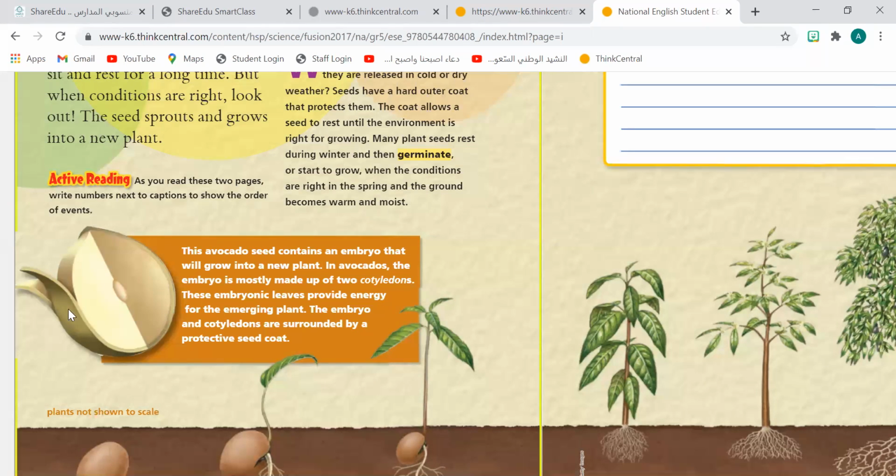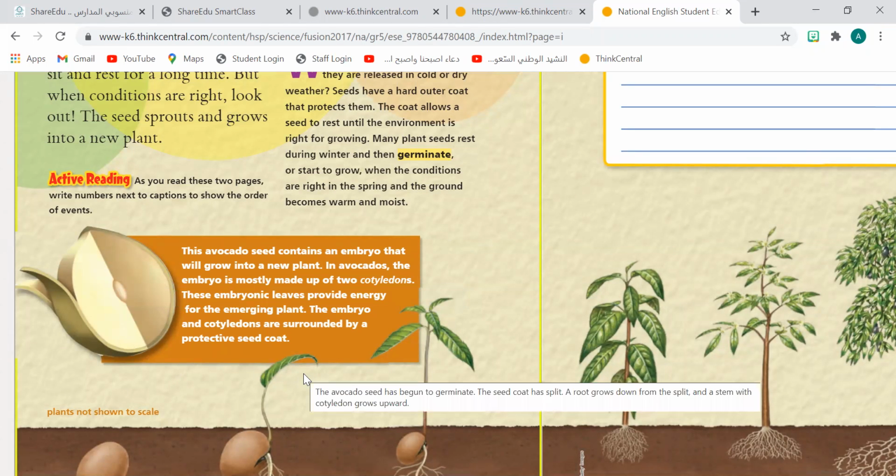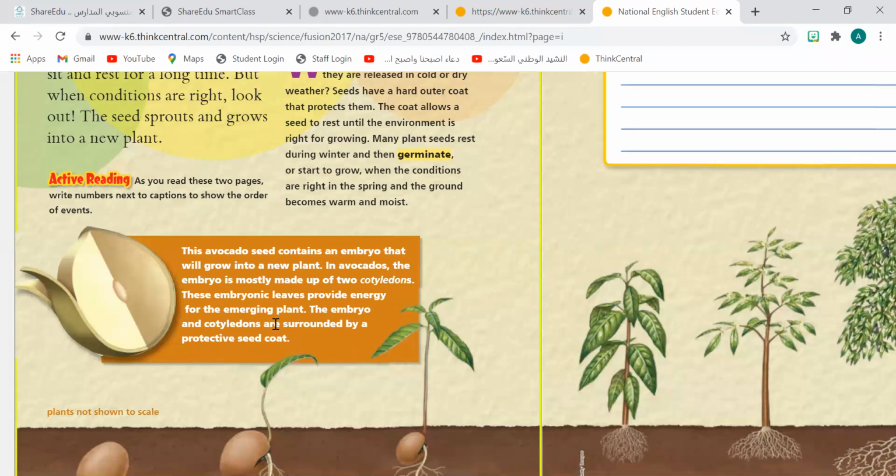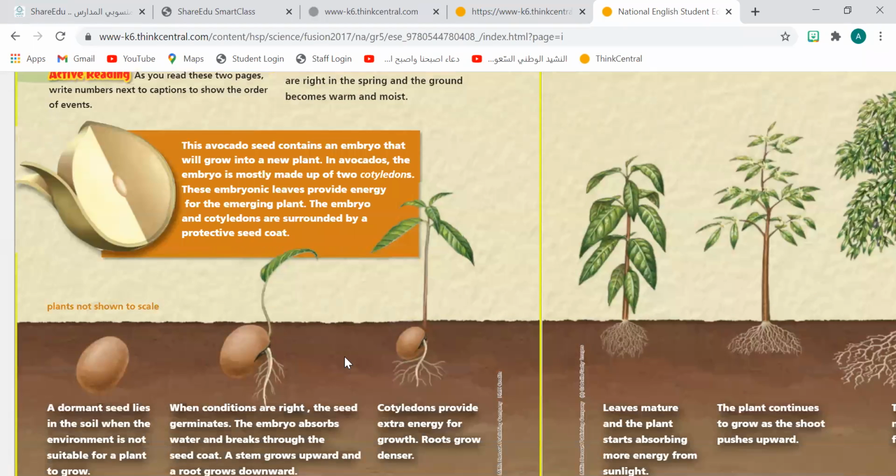It's made of two cotyledons. See? It's like the coat around the seed. These embryonic leaves provide energy for the emergent plant. The embryo and cotyledons are surrounded by a protective seed coat. See? They are protected by the seed coat.